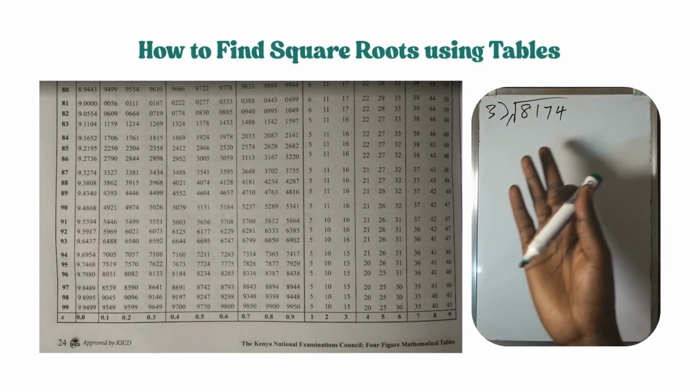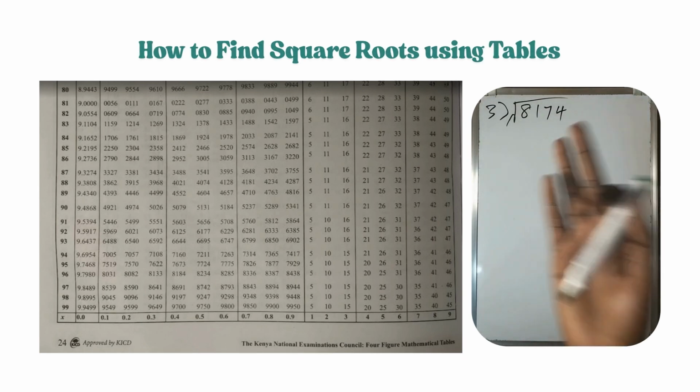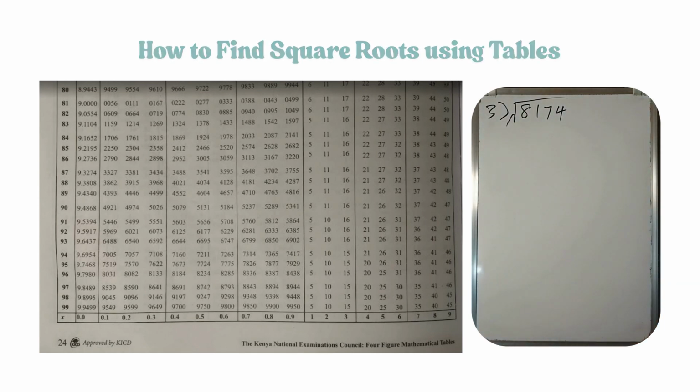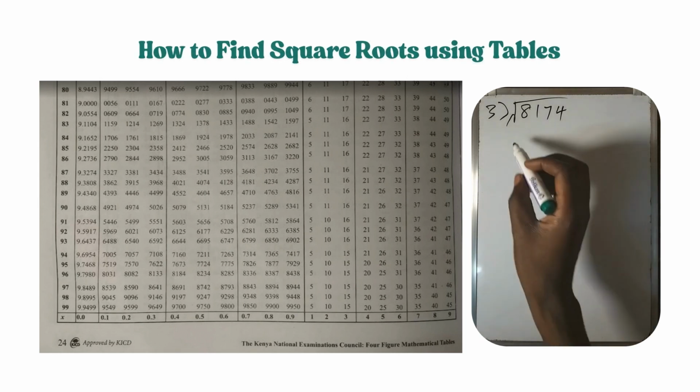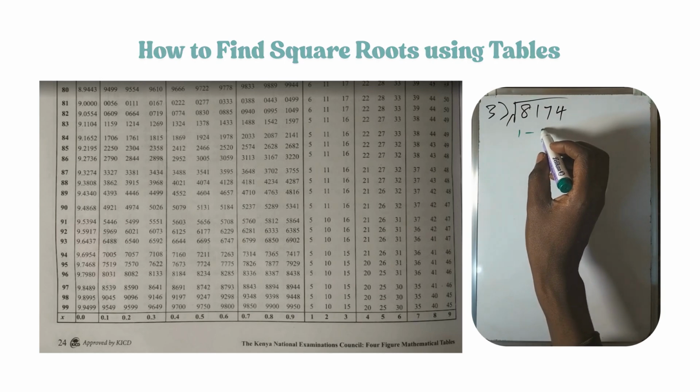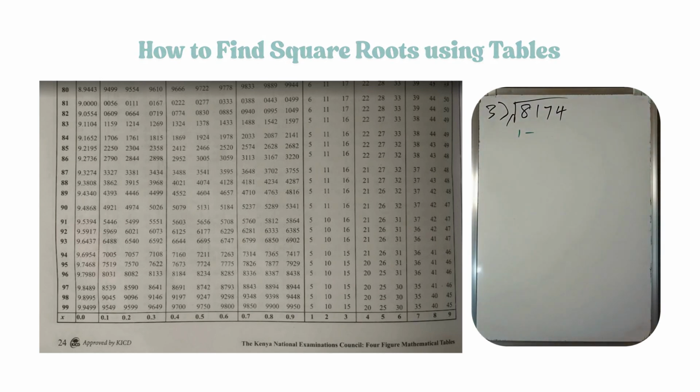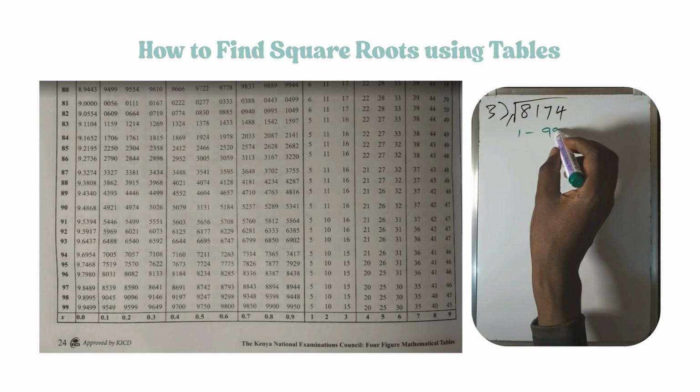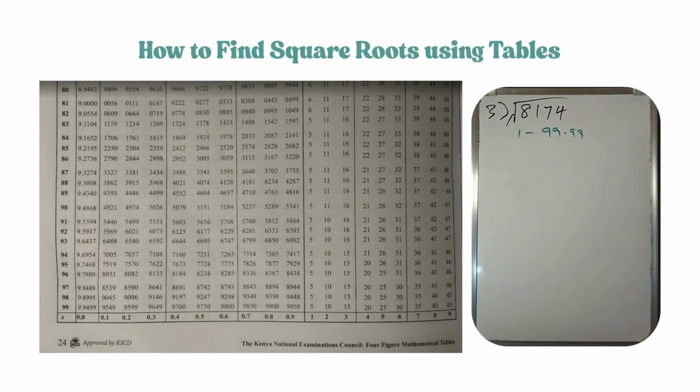We can't find the square root of 8174 directly from the table, because this table allows us to find the square root of numbers between 1 and 99.99.